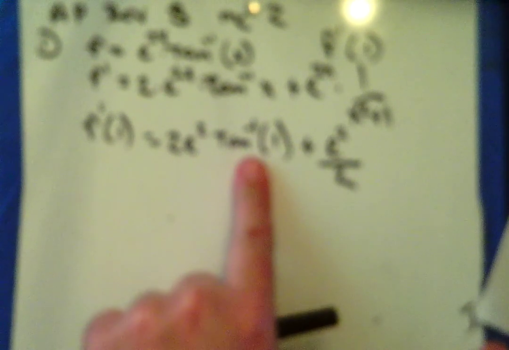Inverse tangent of 1, you're supposed to know that that's pi over 4. So I've got e squared over 2, because these cancel, times pi plus e squared over 2. If I factor e squared over 2 out, I get pi plus 1, and that looks like choice E. Choice E for number 1.